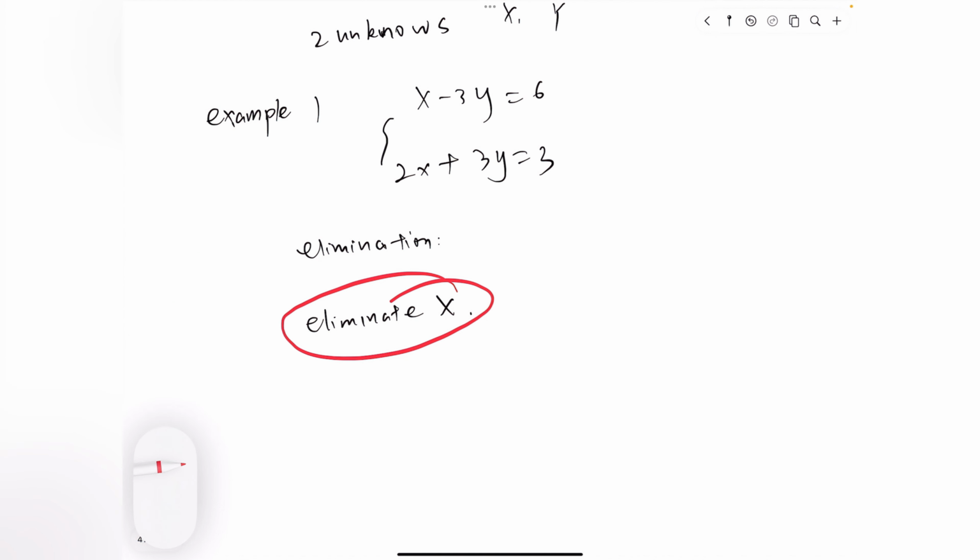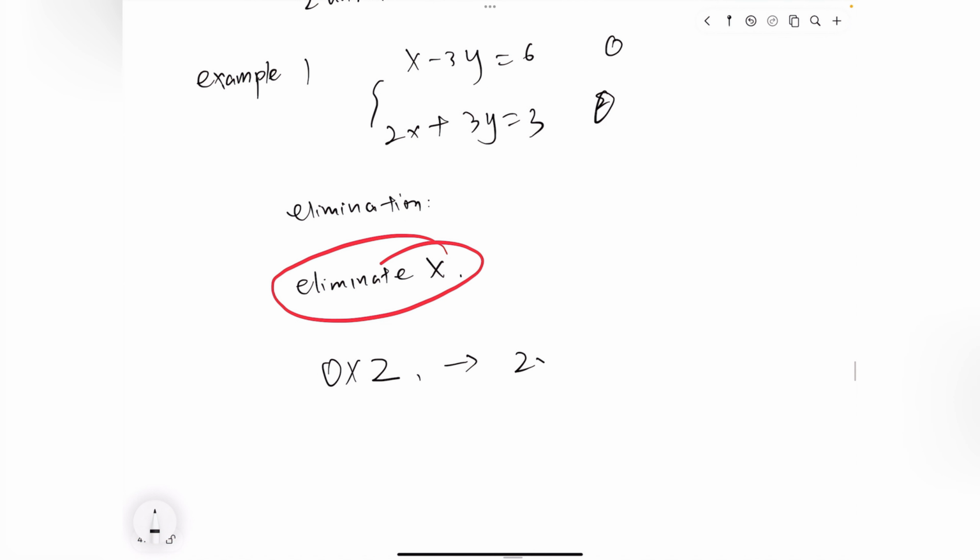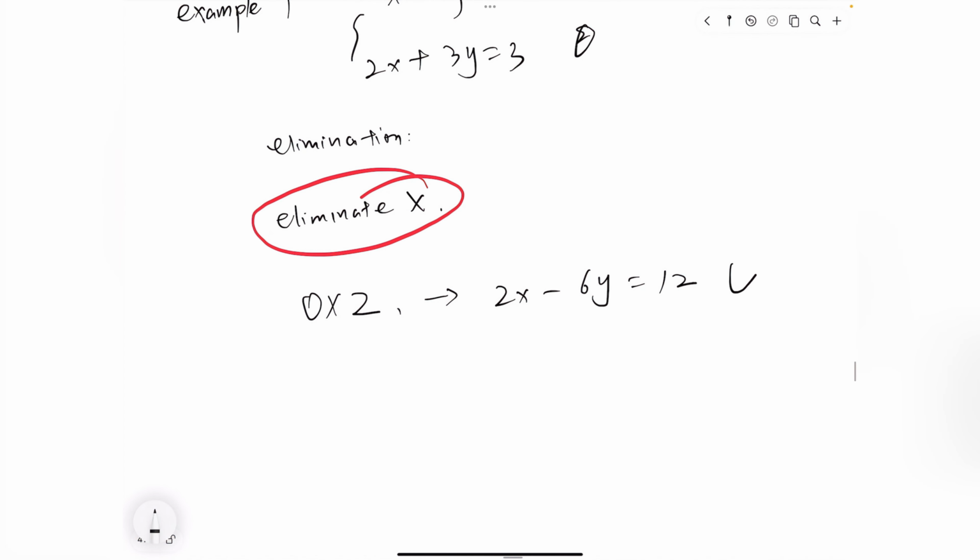Let's call this 1 and this 2. So 1 times 2, and we get 2x minus 6y equals 12. This is 3.